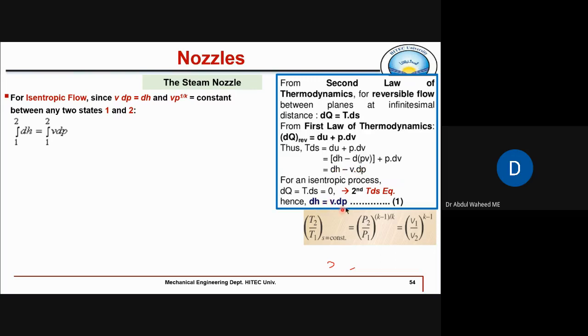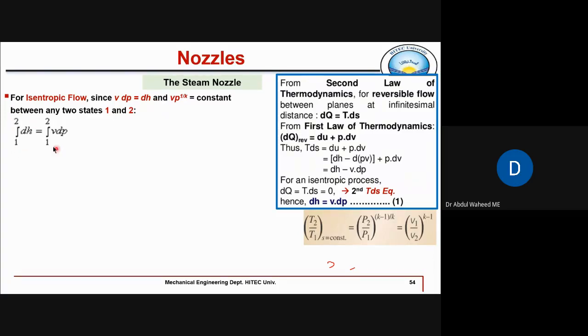dH is equal to VdP, which is shown here. That comes from here, the previous knowledge. Right. So now we are integrating this equation from state 1 to state 2.